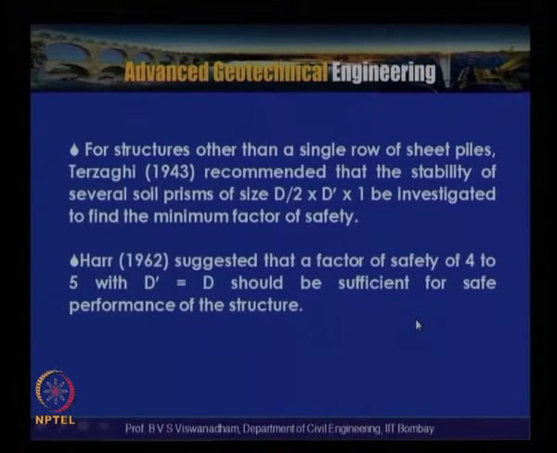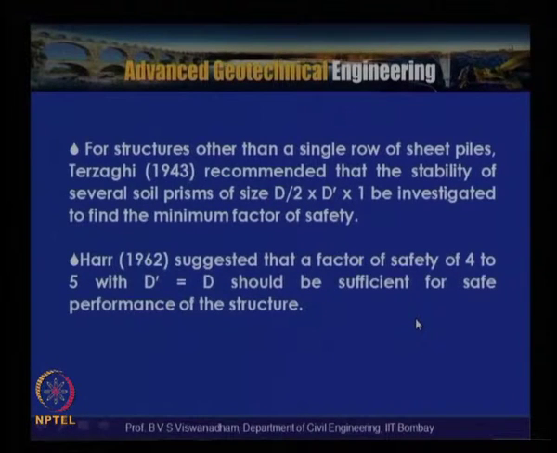So for structures other than a single row of sheet pile walls, Terzaghi 1943 recommended that the stability of several soil prisms be checked, of sizes D by 2 and D dash into 1, to find the minimum factor of safety. So according to Terzaghi's method, one has to take several soil prisms and determine the one which gives the minimum factor of safety.